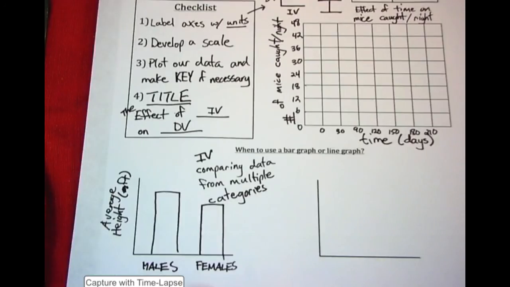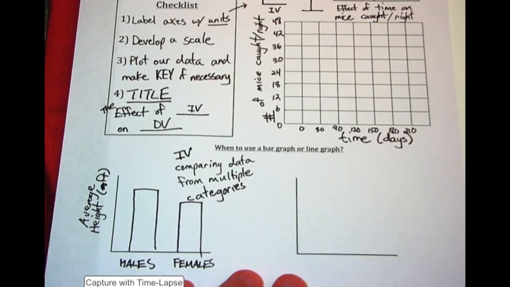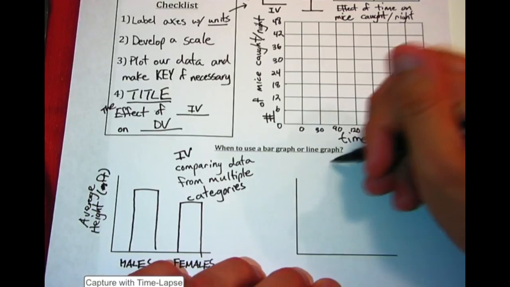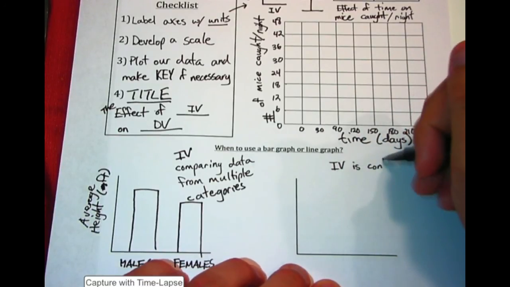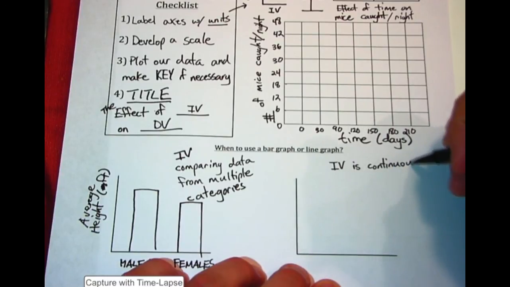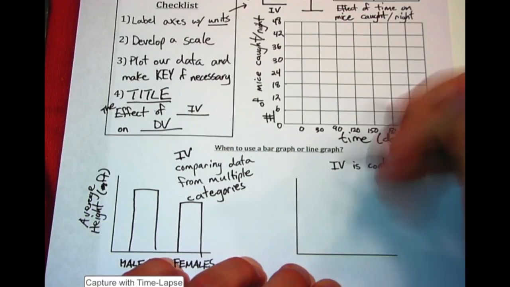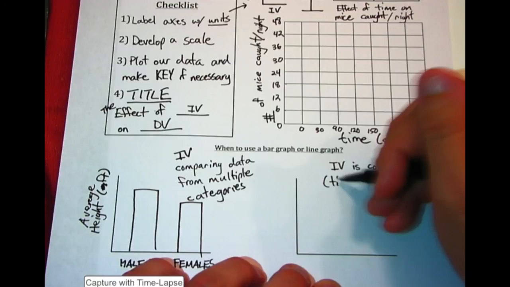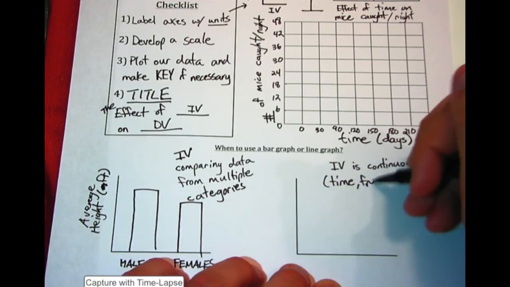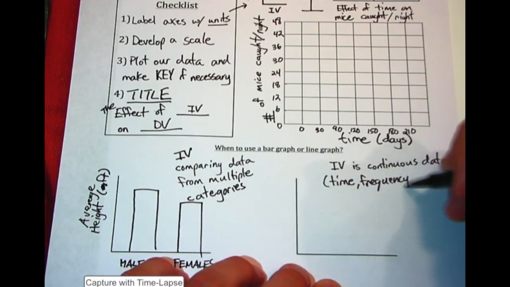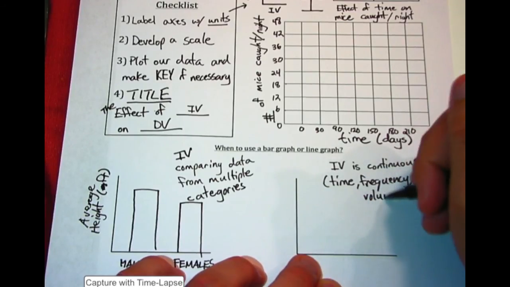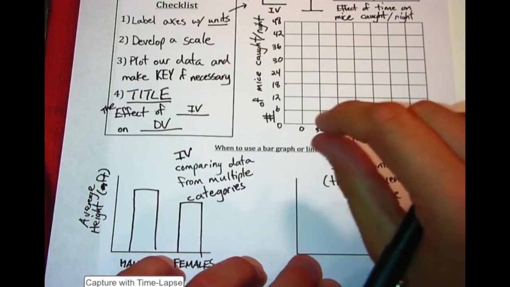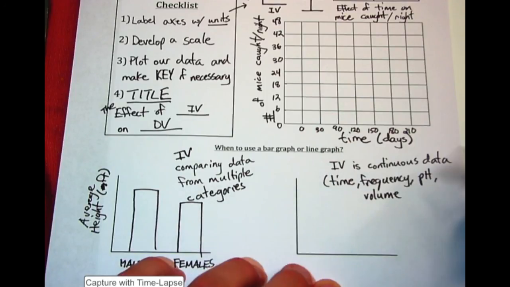All right, when to use a line graph? We're going to use a line graph when our independent variable is continuous data. And when I mean continuous data, something like time, frequency, pH, something maybe even like volume. You know, this is essentially something that we could manipulate and move to different levels.